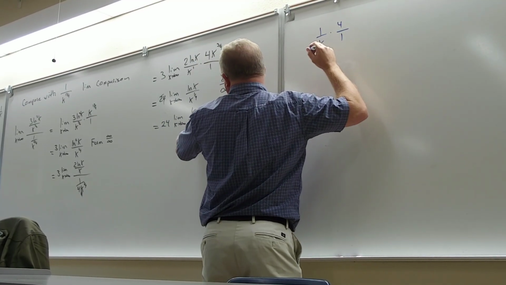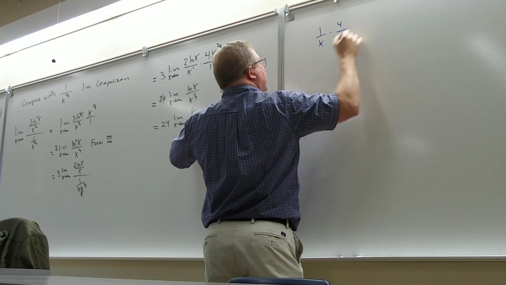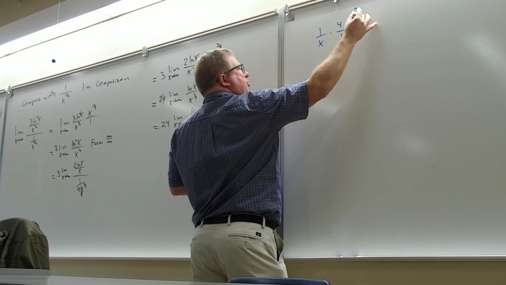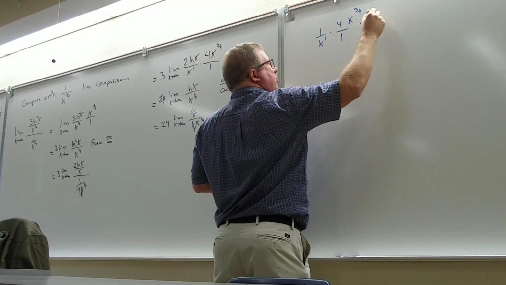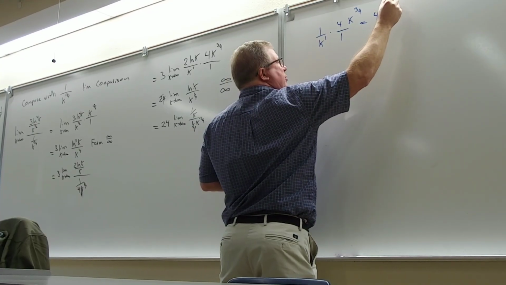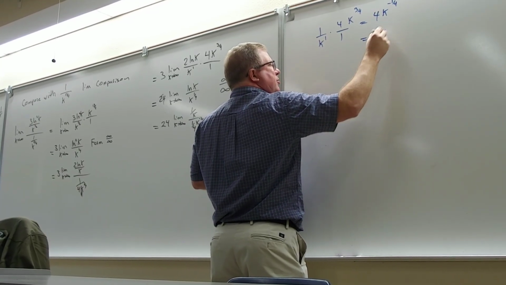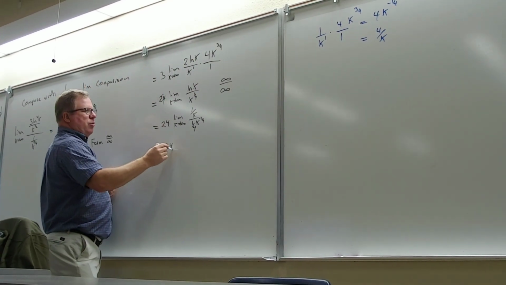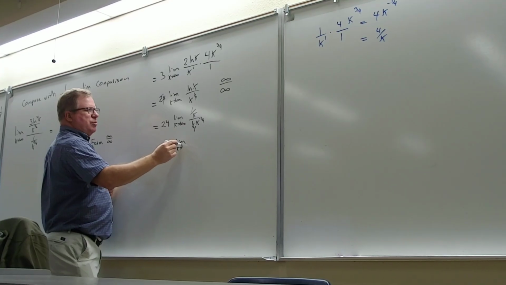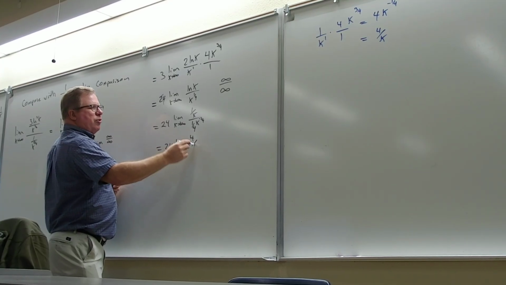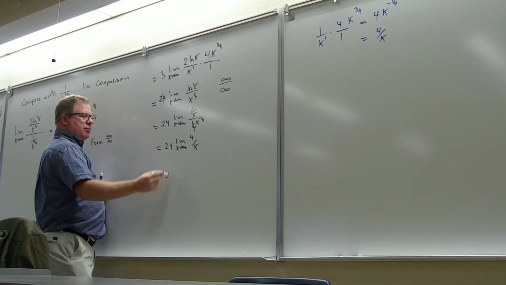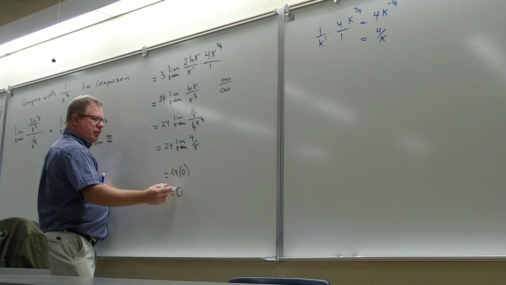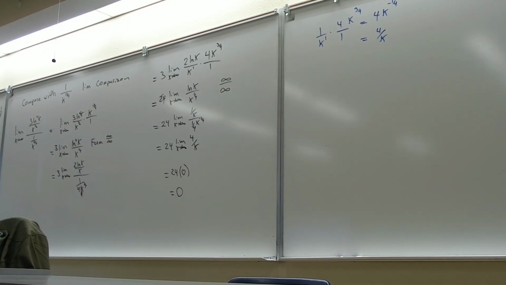This is k to the negative 3/4, that'd be positive on the bottom, but when you flip it, it goes up to the top. 3/4 minus 1 there is negative 1/4. So that all equals 4 over k. So now we have 24 times the limit as k goes to infinity of 4 over k, which is 0. All that work for nothing. 0.